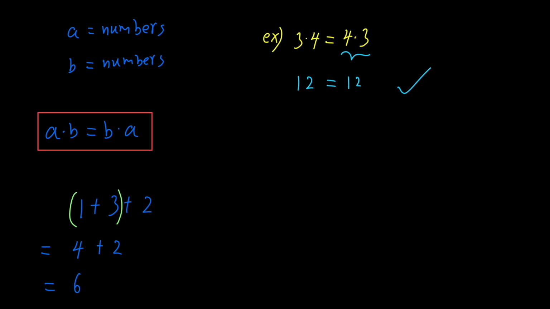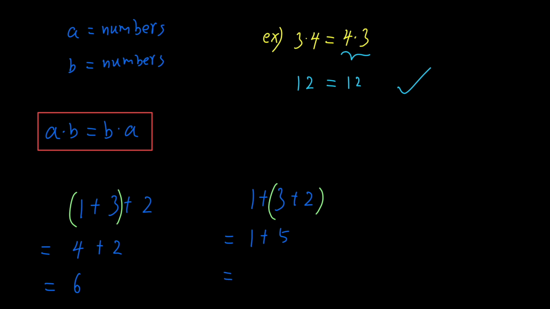But what if I want to put the parentheses around 3 and 2? Will the answer be the same? Let's find out. Because we have the parentheses, we have to evaluate the numbers inside the parentheses first. So we have 3 plus 2, which is 5.